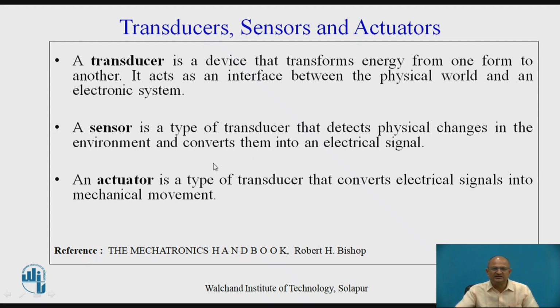So basically, a sensor is sensing the physical changes in the environment and converting them into an electrical signal. Now what is an actuator? An actuator is a type of transducer that converts an electrical signal into mechanical movement.